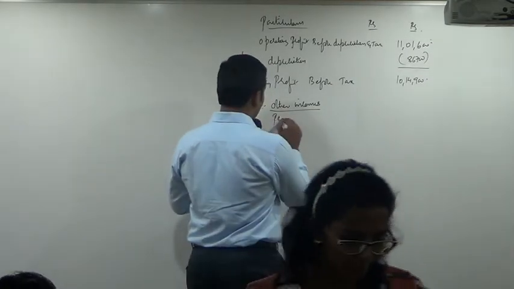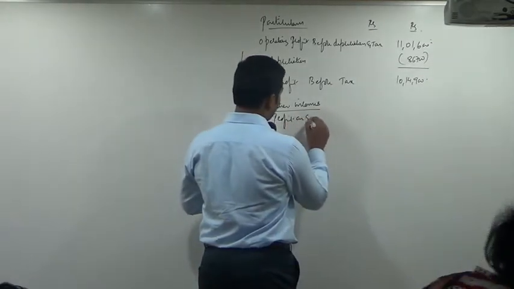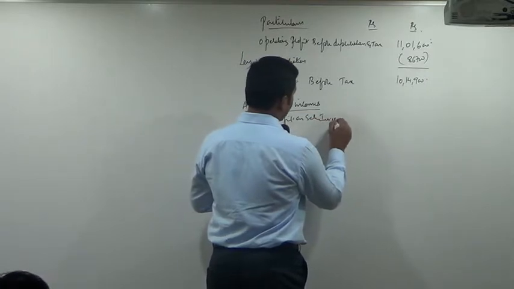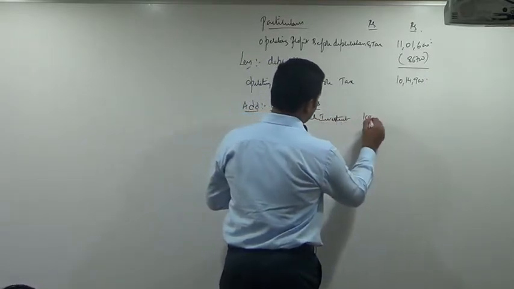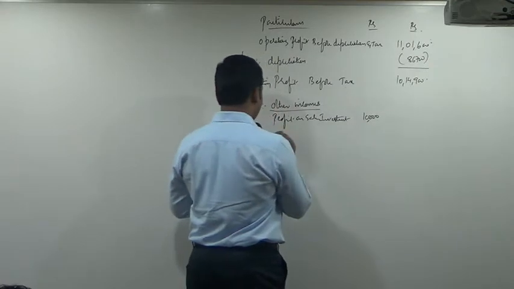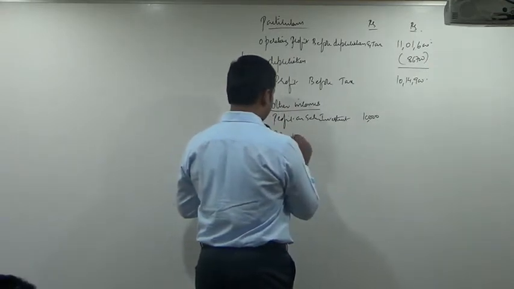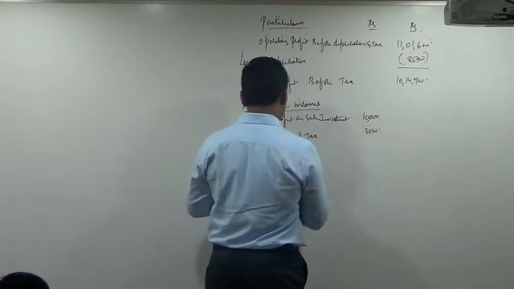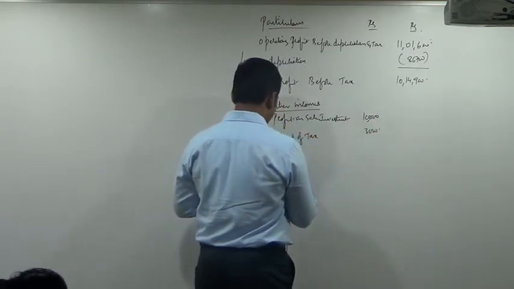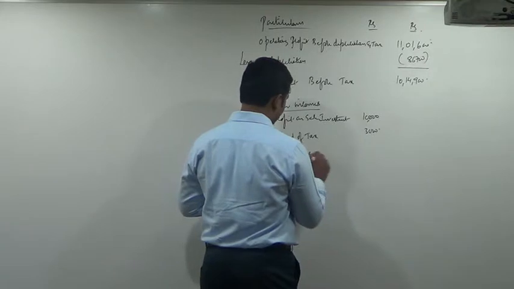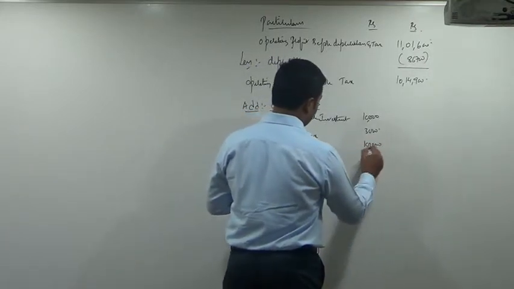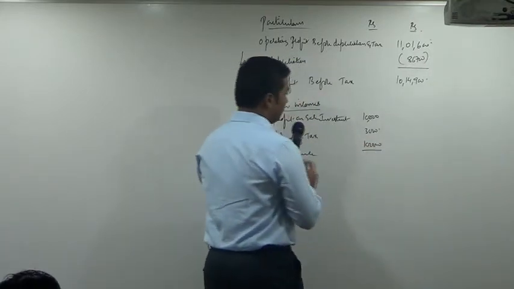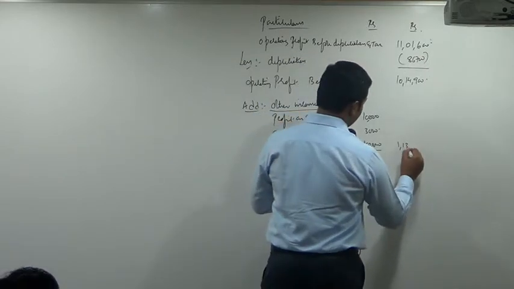Other incomes. Profit on sale of investment, 10,000. Next, refund of tax, how much? 3,000. Insurance claim, 1 lakh. Total 1,13,000.